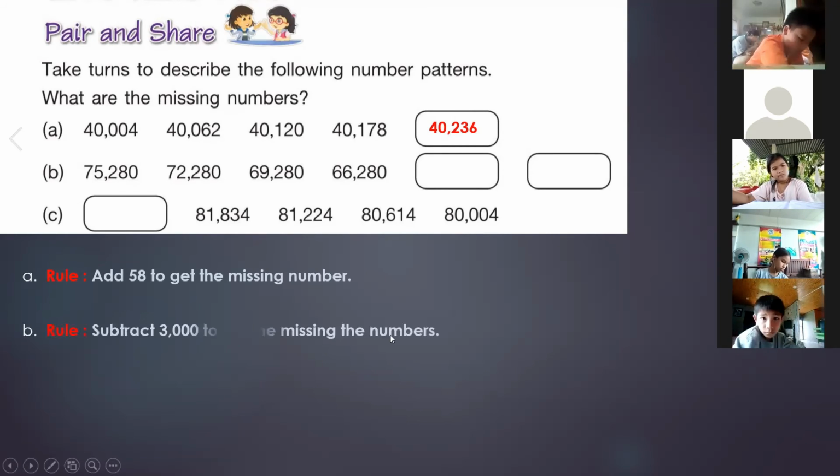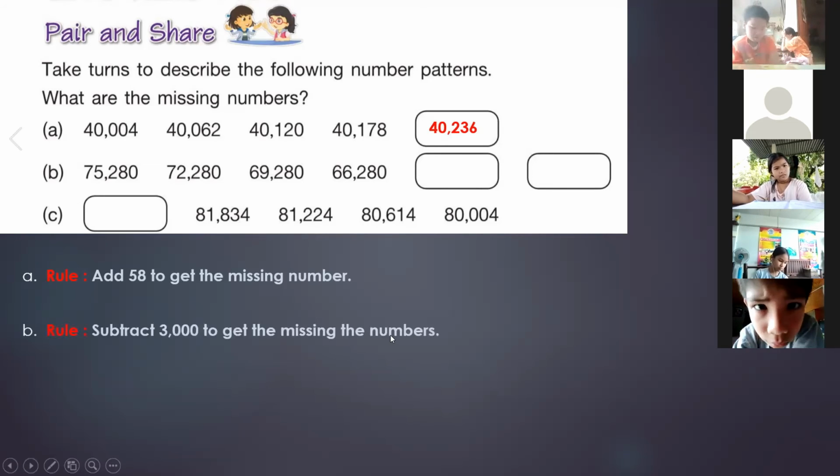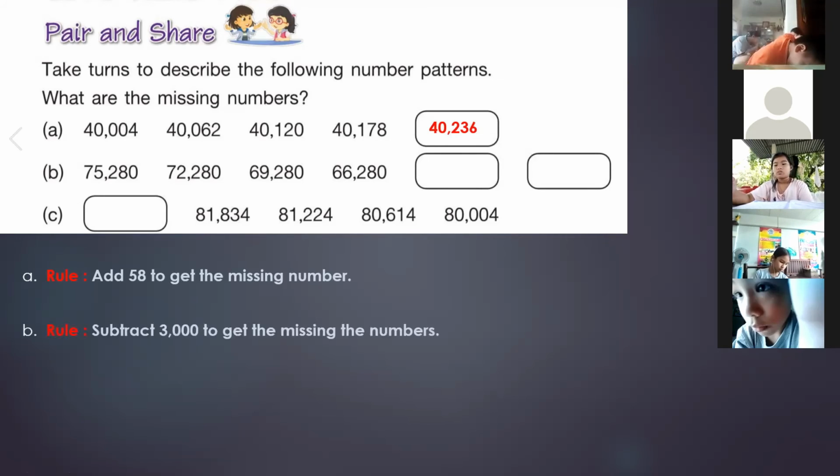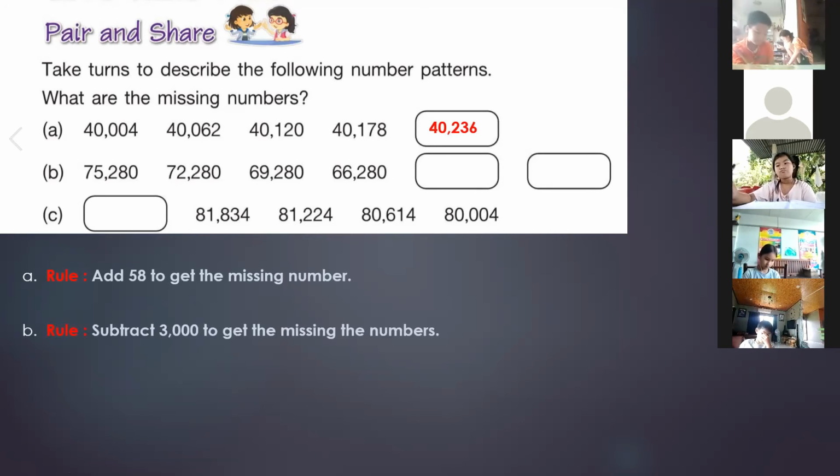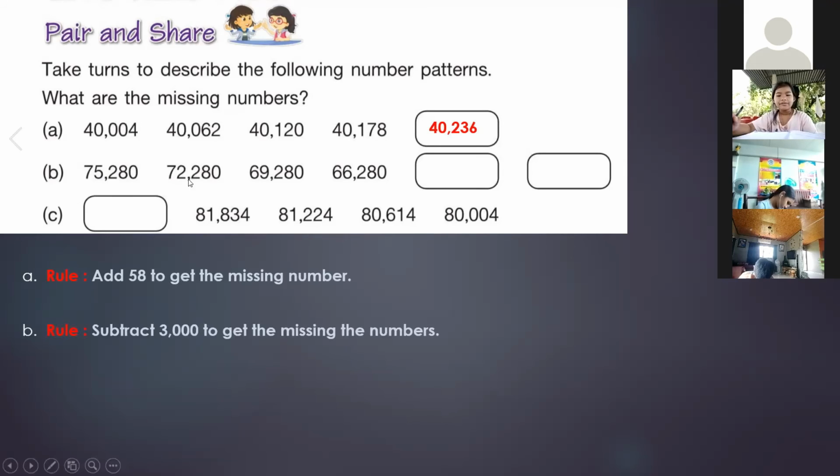On letter B, we have the rule: subtract 3,000 to get the missing numbers. So when we say subtract, we're going to minus 3,000 to each number. So 75,280 minus 3,000 is equal to 72,280.